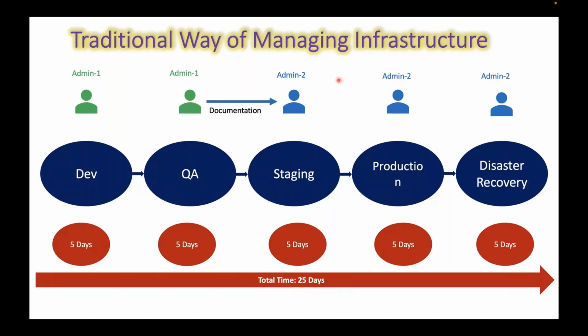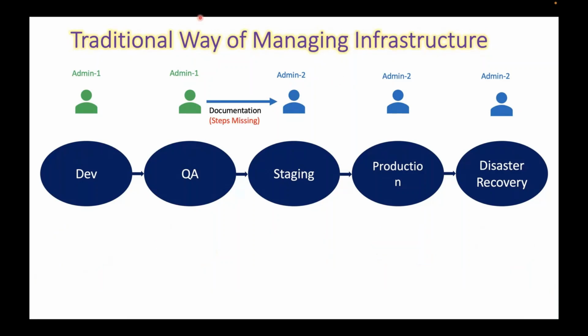Okay, so what are the other limitations or problems we have? Let's assume admin 1 has to prepare the documentation, and while preparing it, if we miss anything, then admin 2 does not know what has been created on dev and QA, because only admin 1 knows it, right? So he just follows the documentation and creates the resources with the missing step.